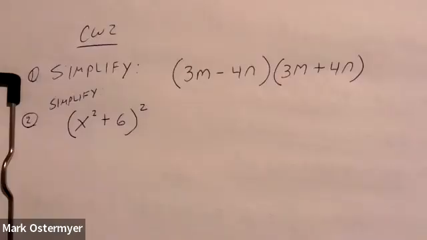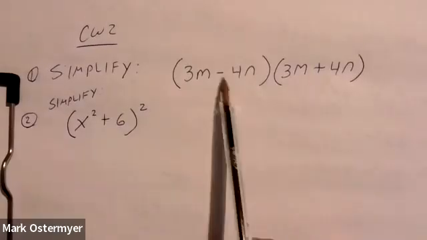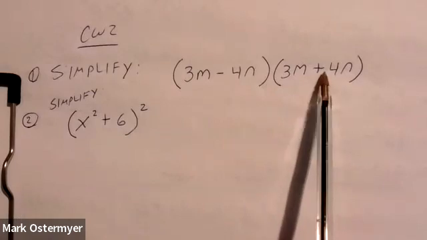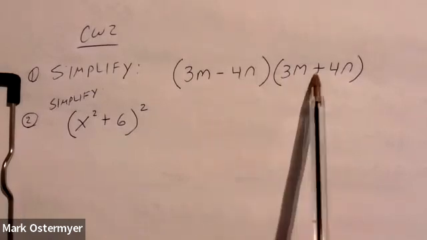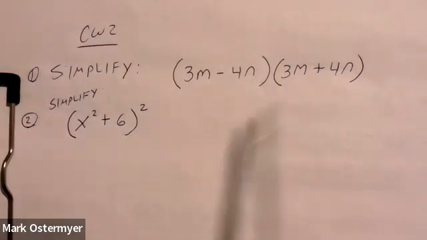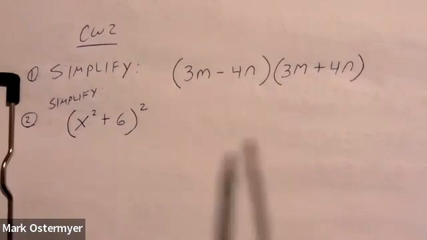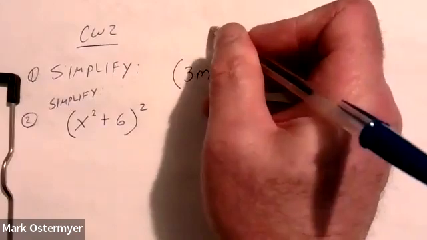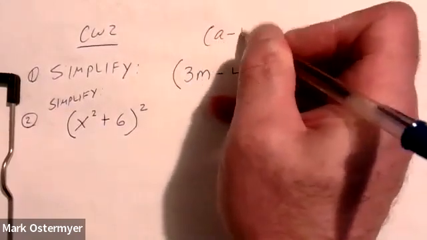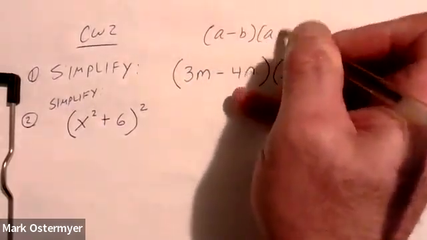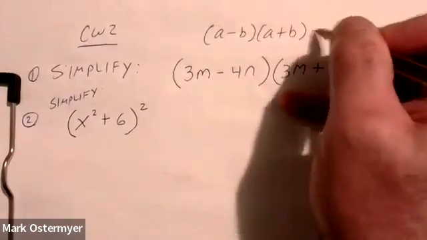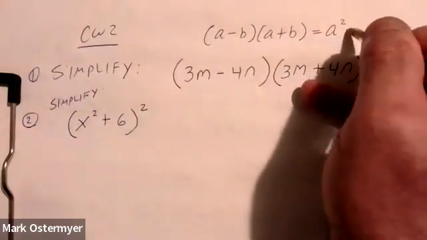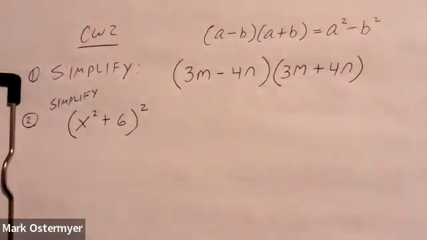Now, what do you notice about these first binomials? These are conjugates of each other, because they only differ by the sign between the terms. To multiply these together, you're welcome to use the pattern that I've been advertising. When you have A minus B times A plus B, the product is simply the square of the first term minus the square of the last term of your binomials. It's that simple, if you can just remember that pattern.